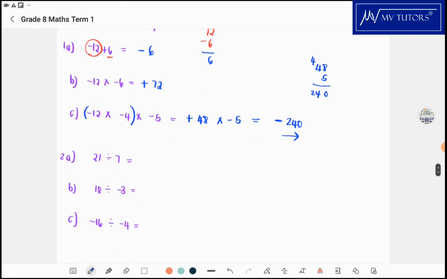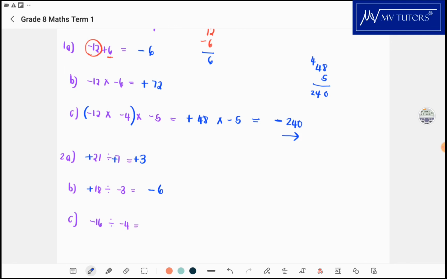Okay, now, number 2a. What is 21 divided by 7? That's simply 3. Remember, we have a positive 21 divided by a positive 7. That's a positive 3. And then we have a positive 18 divided by negative 3. Okay, so positive divided by negative is simply a negative. And 18 divided by 3, that is 6.